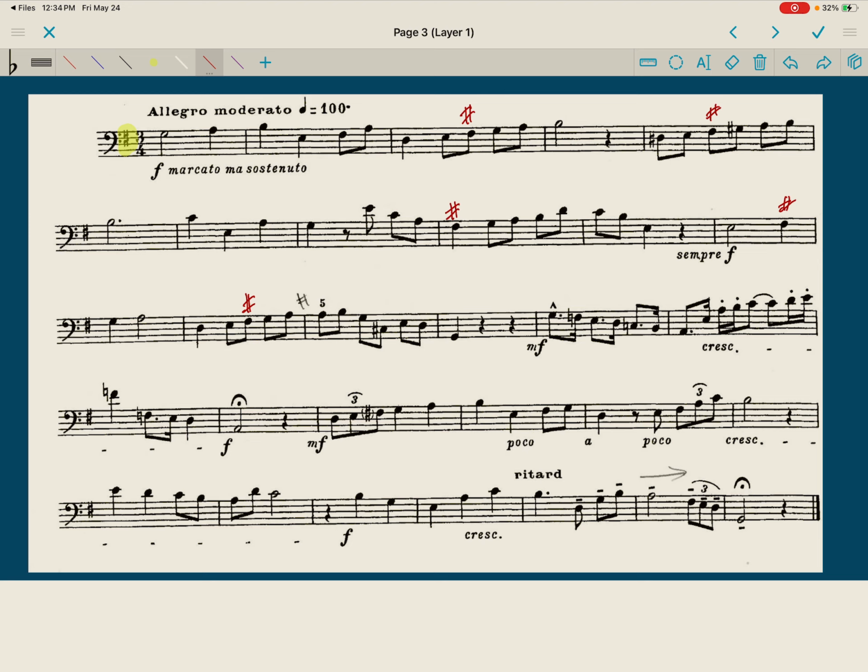Then you have these accidentals that are written in as well, so they cancel out other notes. Over here, you've got your D sharp and G sharp. Over here, you have an F natural and C natural. So in this fifth measure, you're canceling out the natural.